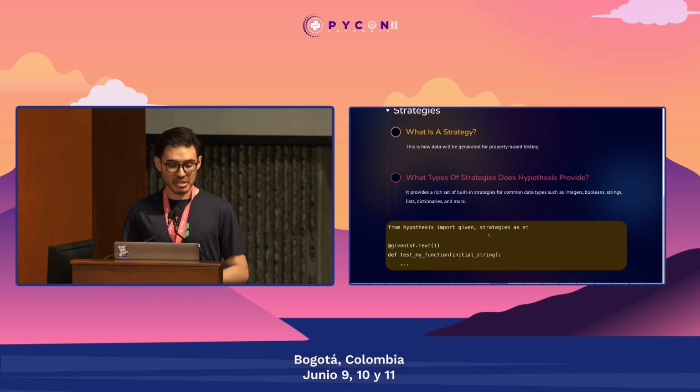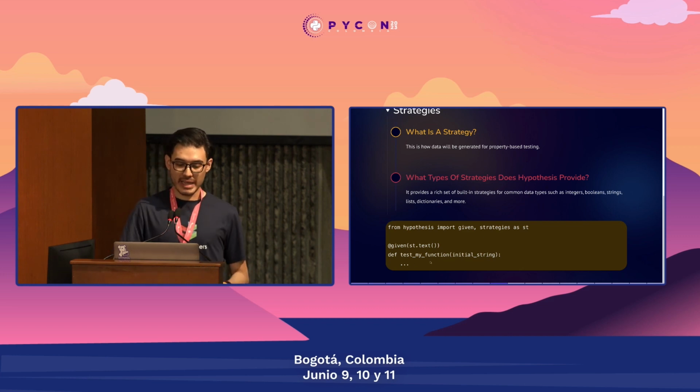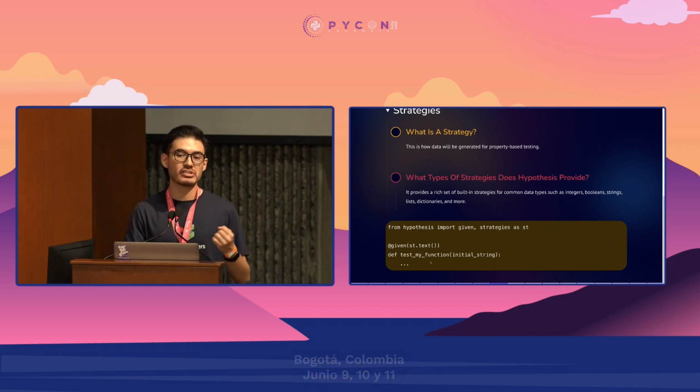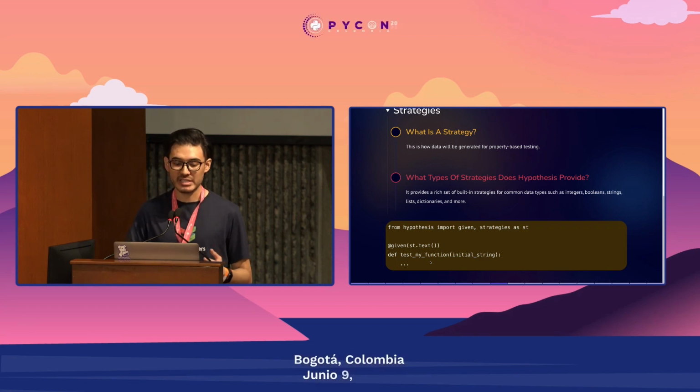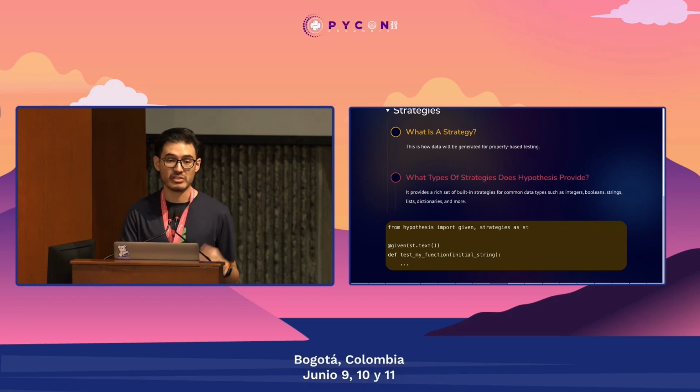Here is the basic scenario of a property test using Hypothesis. First of all, we have to import given and the strategies, and then we're going to have our test function. In this test function, we are going to generate some text data coming from the text strategy, the basic strategy from Hypothesis, and pass it to the function as a parameter.